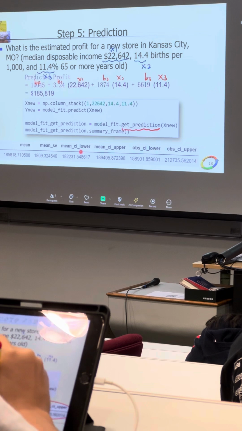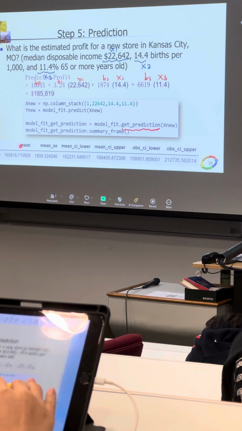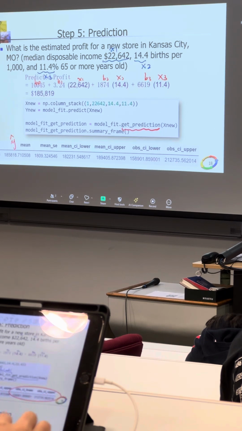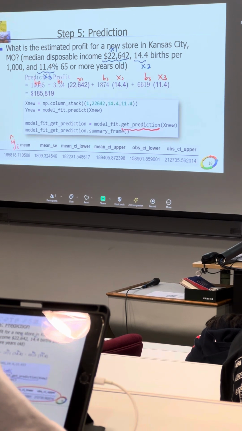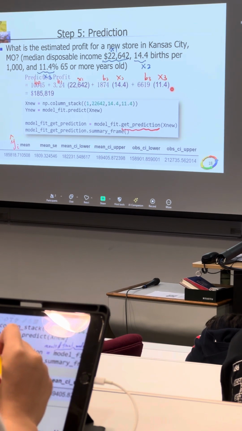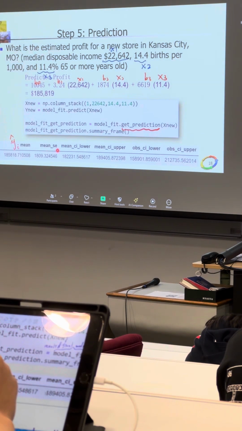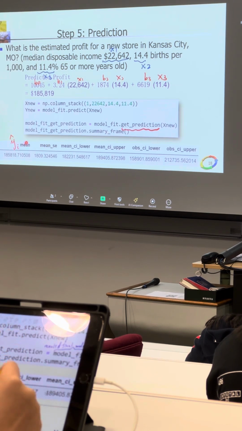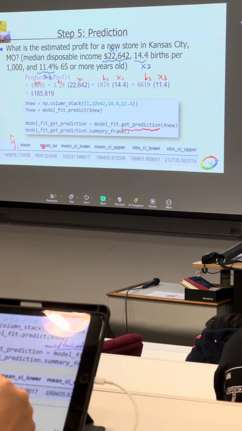And then you will have the following output. On the output, the mean is the y hat, or you can call it yi hat, corresponding to this particular new store. mean_se is the standard error of yi hat, so that is a measure of the variation.